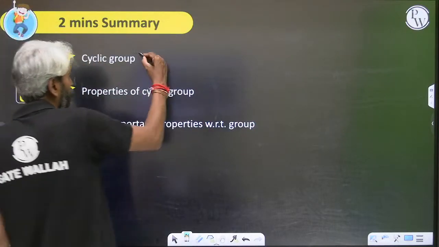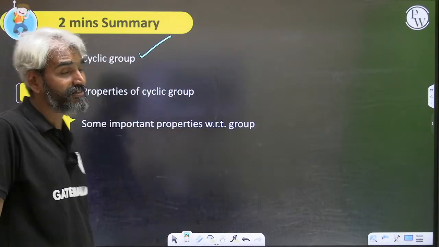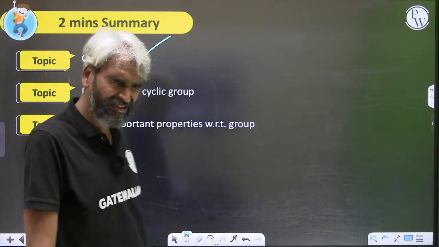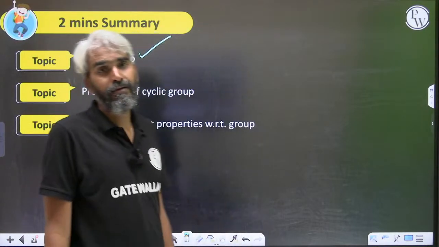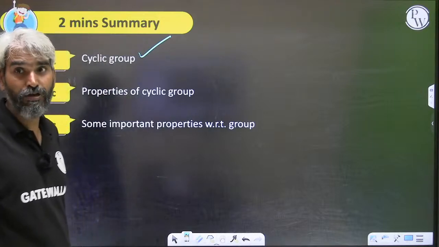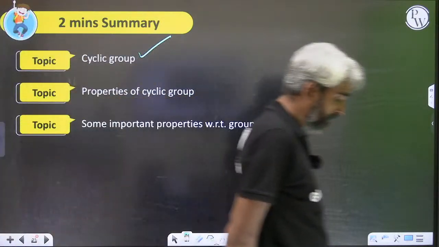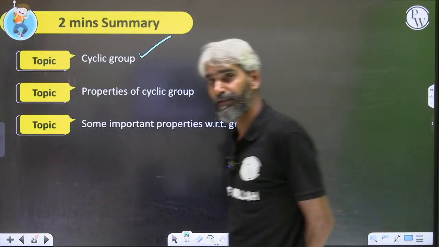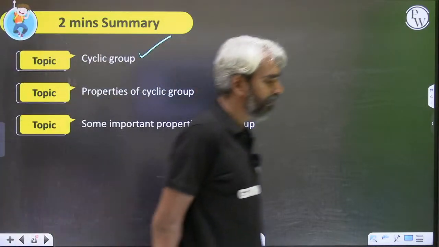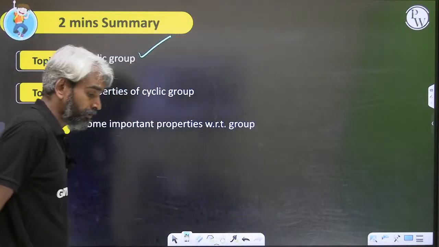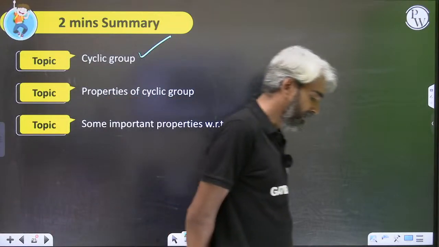So we have understood what we mean by cyclic group. If there exists any element a such that every other element of the group can be written in the form a raised to the power n for some integer n, then the group will be called a cyclic group and element a will be called generator of the cyclic group. Some important properties: identity element cannot be the generator of a cyclic group containing any other element except itself.